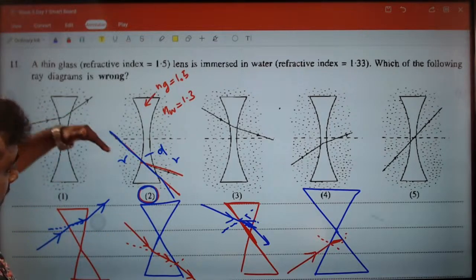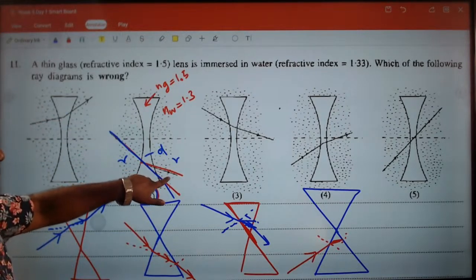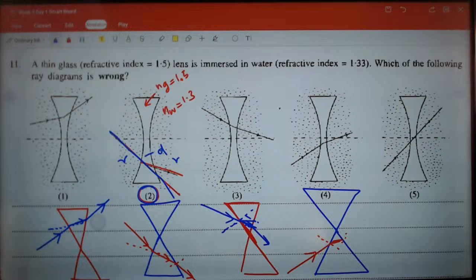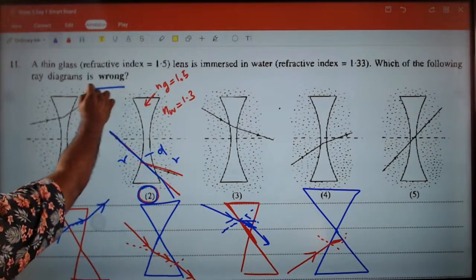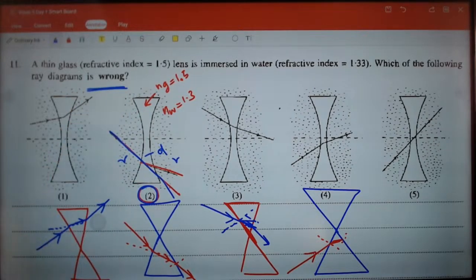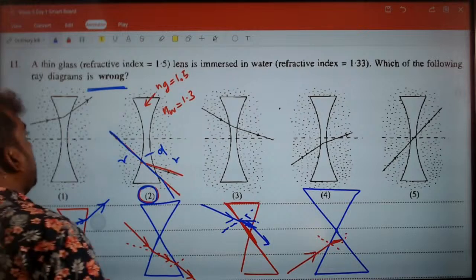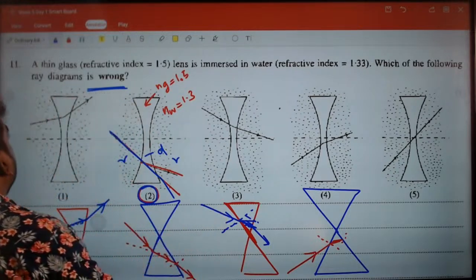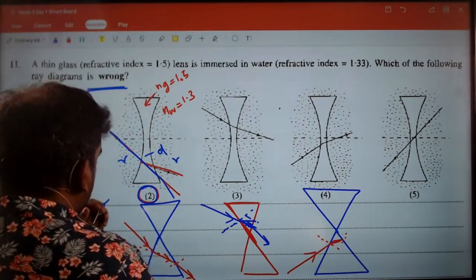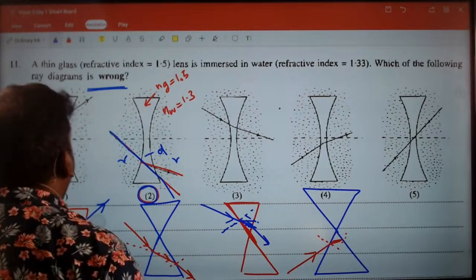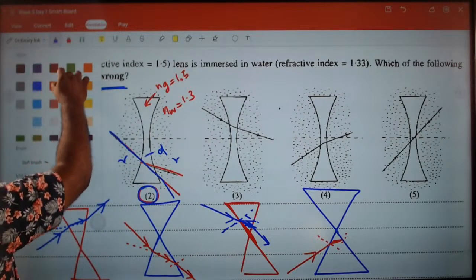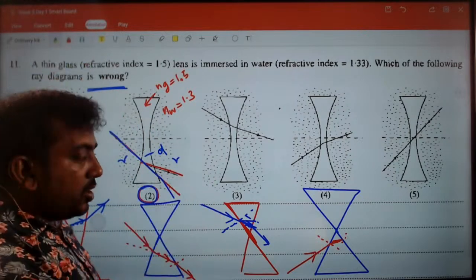All the others should deviate away. This is coming towards. So the wrong one is that. Okay, no? So looking at it, the easiest way is that. So if you want, you can draw it like this. Or is there another method to solve this? Yes, there is one more method to solve this.